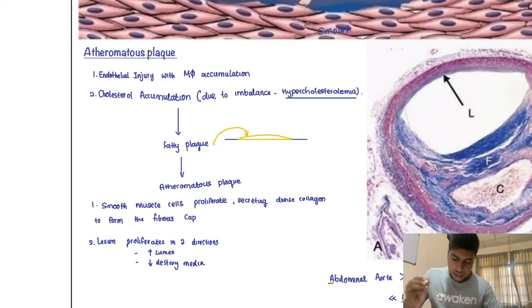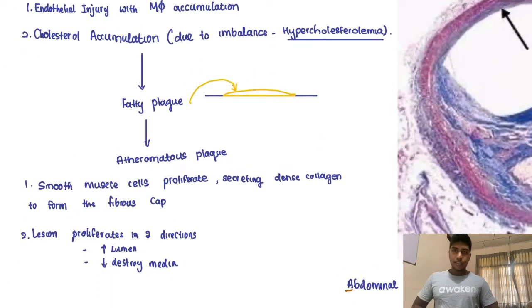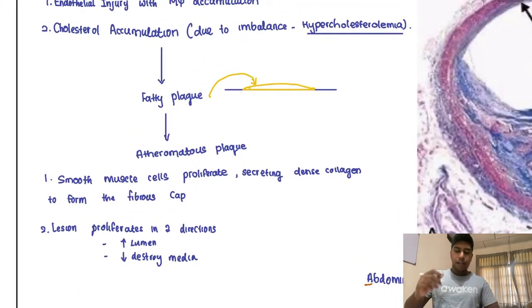Now what I want you to understand is, ever since you're born, you're going to start developing fatty plaques. If you were to take parts of the arteries, you will find that there are fatty plaques in your arteries. Remember, we are talking about arteries here.